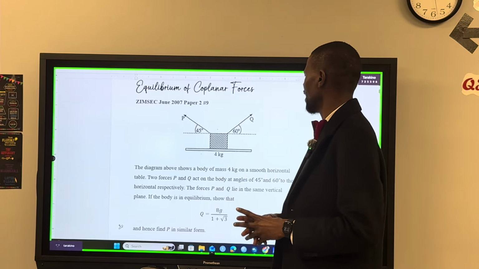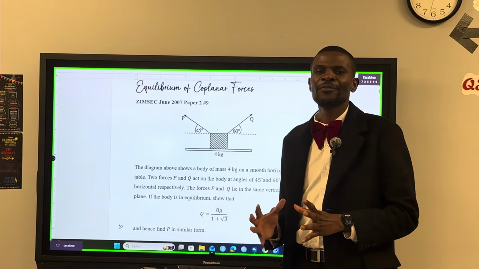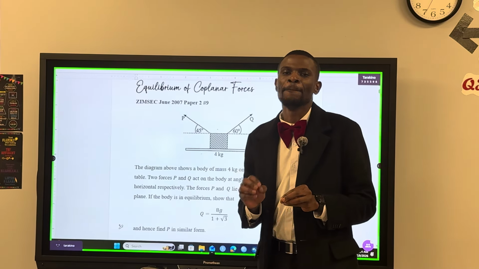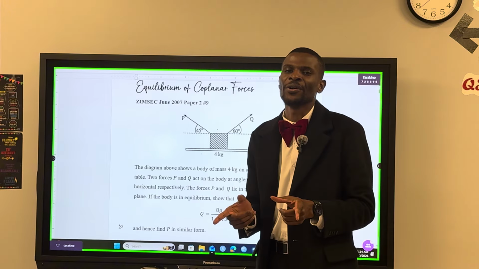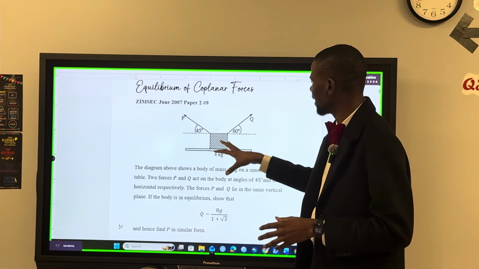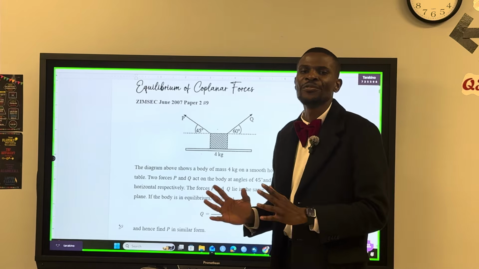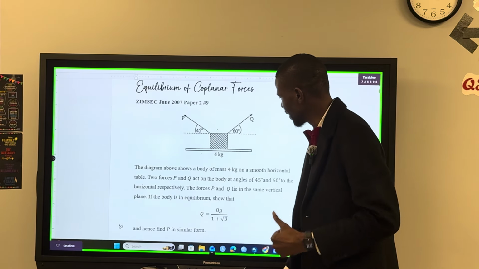If a body is in equilibrium, it occurs when forces acting on that body balance each other such that the resultant becomes zero. So what it means is that there is no acceleration. It's either stationary or moving at a constant rate. So with that being said, guys, let's go ahead and get started.